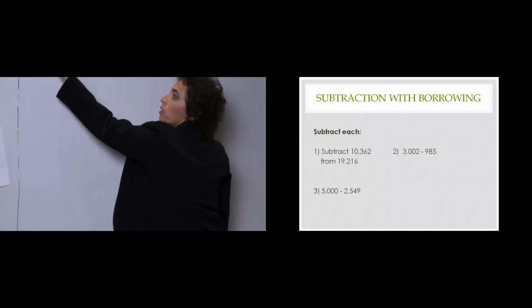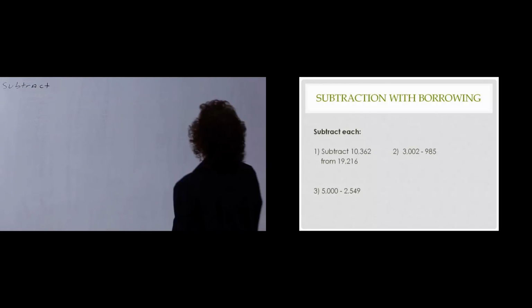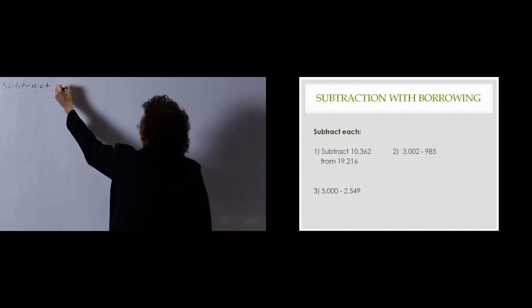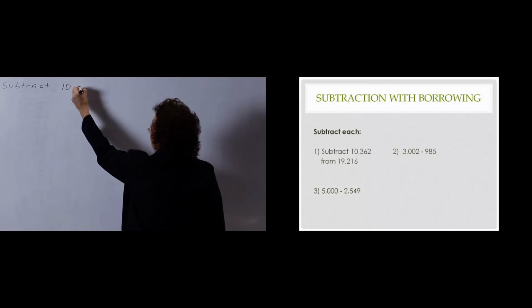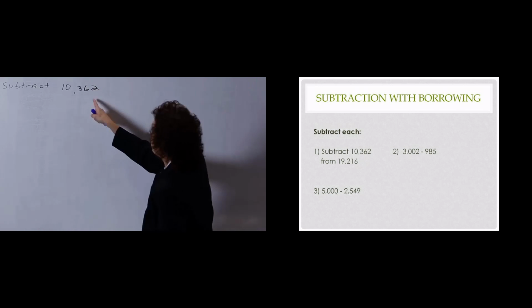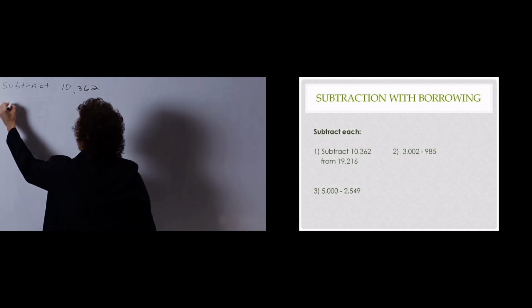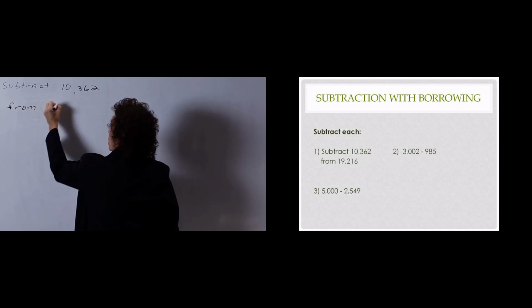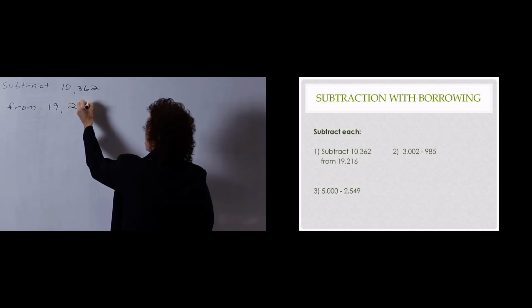Okay, so let's take a look at this first problem. Subtract 10,362. Did I say and? I hope I didn't. 10,362. Shouldn't say and. From 19,216.